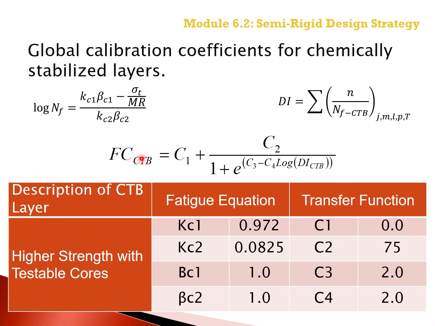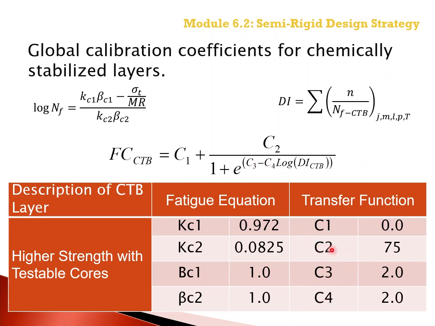For the transfer function for predicting cracking in the chemically stabilized layer, the C values are derived from the global calibration using field data. So C1, the intercept, is basically 0. C2 is 75. C3 was 2. C4 was also 2.0.